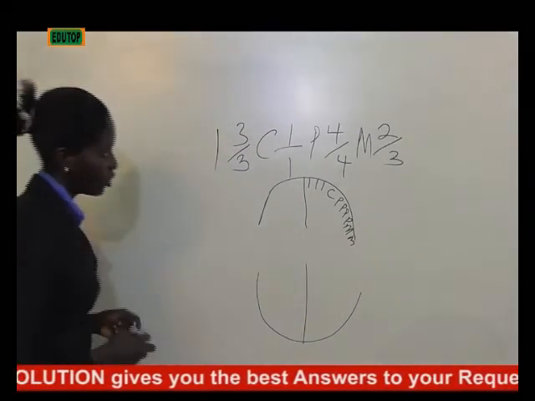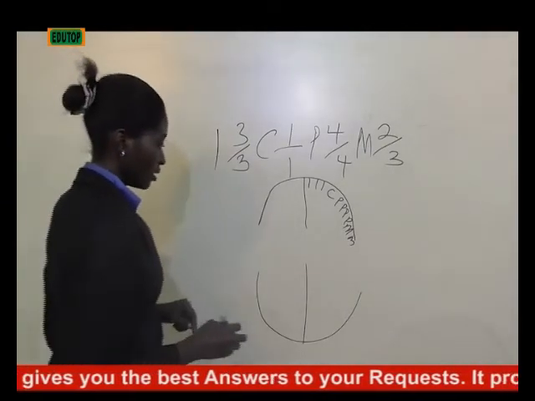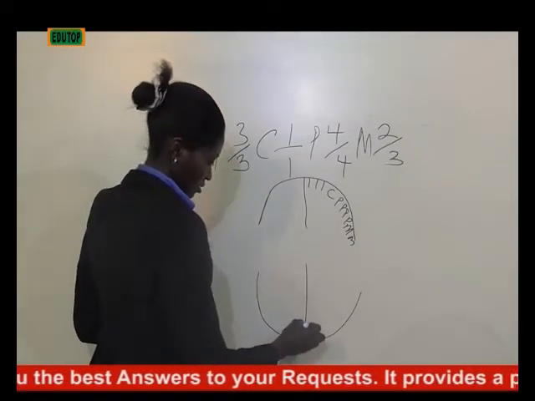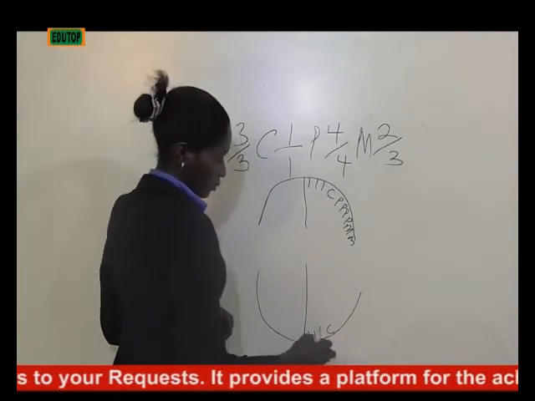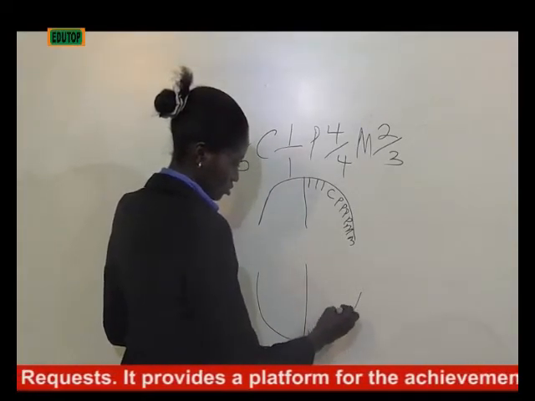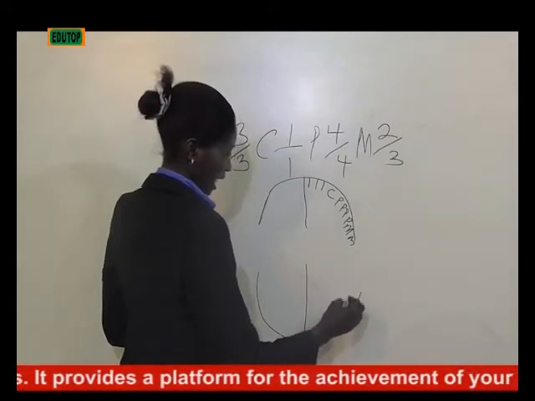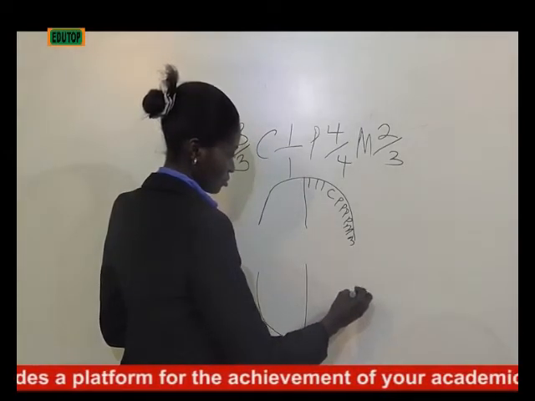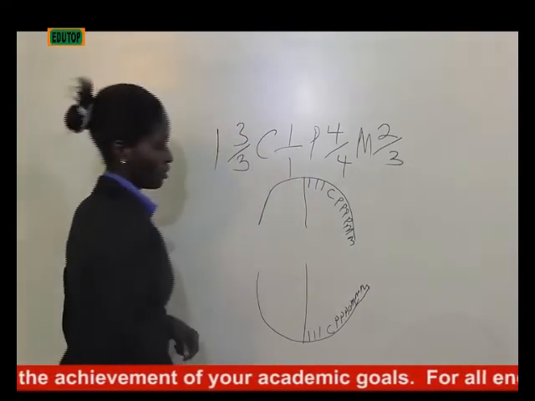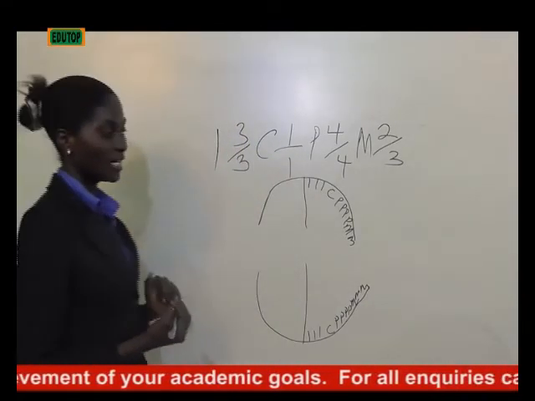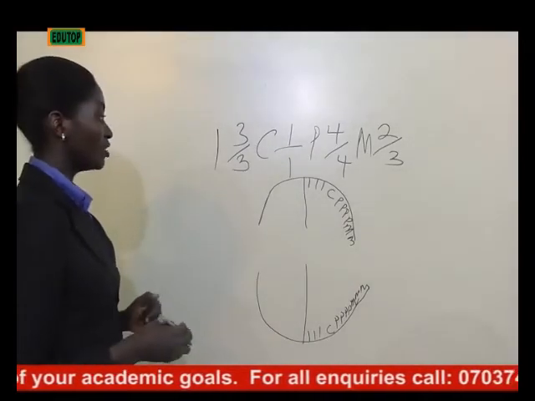Then at the lower jaw, we have 3 incisors, 1, 2, 3, 1 canine, premolars 1, 2, 3, 4. Then you have molar 1, 2, 3 in the lower jaw.